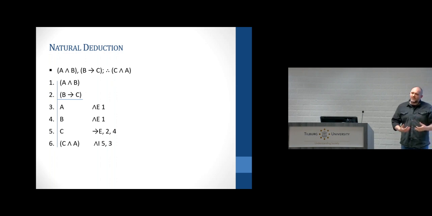Then the next step to get to 6, because we've derived this sentence and also derived this sentence, we can derive their conjunction. We already have this part and we have that part, so all we got to do is just stick them together. And that's what we do when we introduce the conjunction.